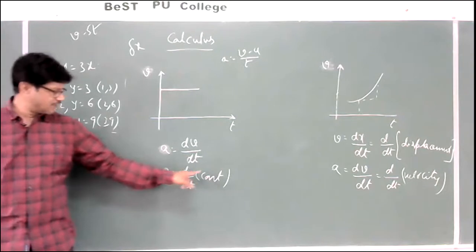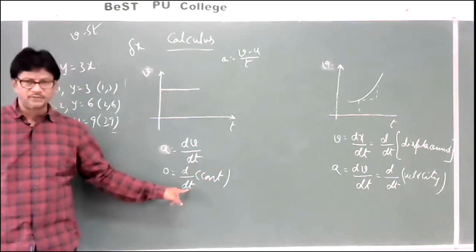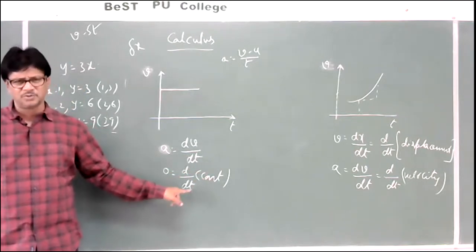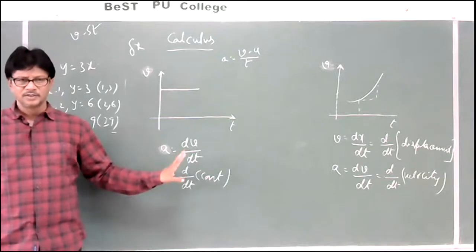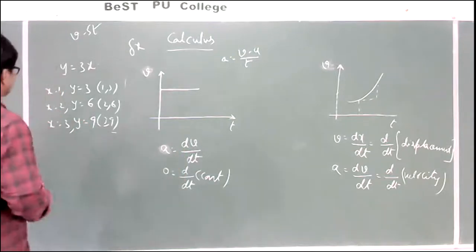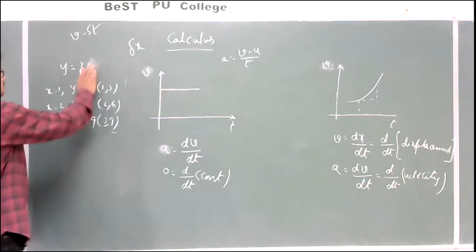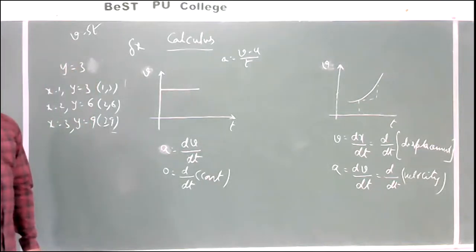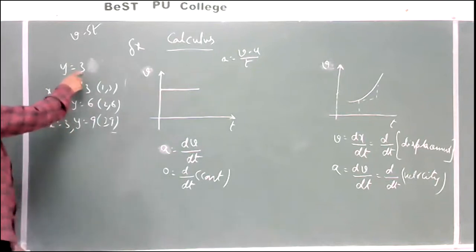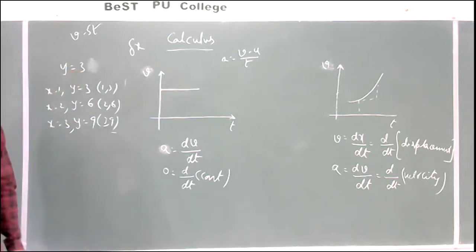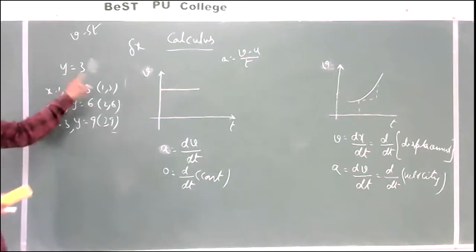If you differentiate a constant value with respect to any variable, it could be time or anything else. For example, look here: y is equal to 3. So here y is a constant value. Does that value change with respect to x?